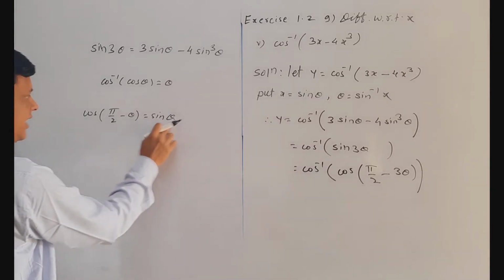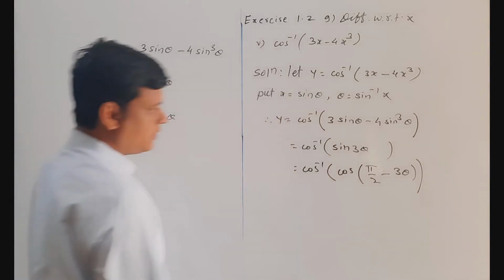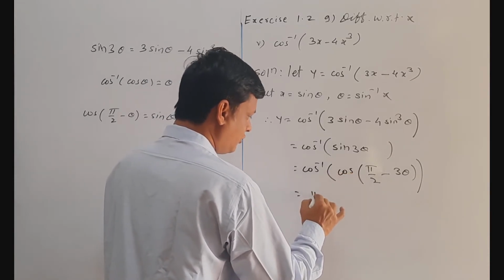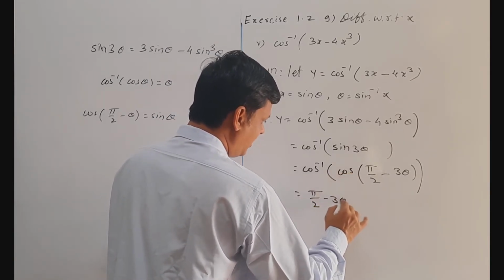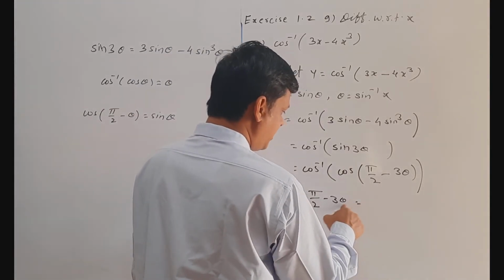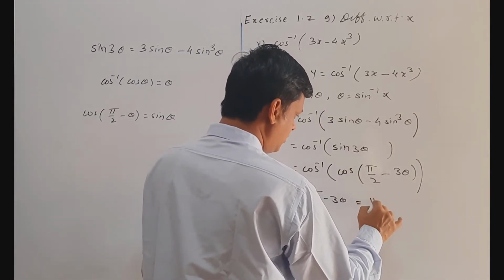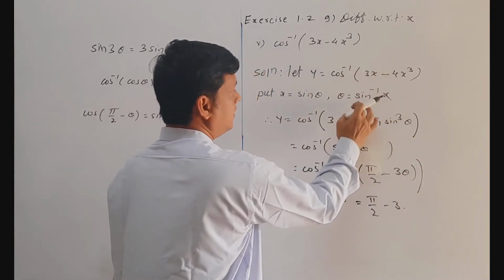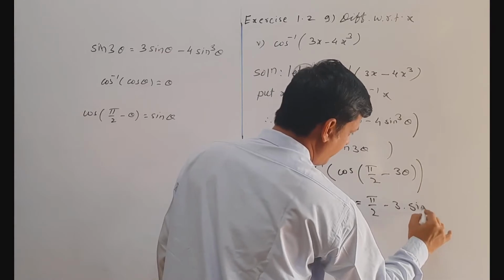So we convert sin theta in terms of cos theta, and this cos inverse and cos get cancelled. So we get pi by 2 minus 3 theta, which is the value of y. We convert theta in terms of x first, so we write pi by 2 minus 3 into sin inverse of x.